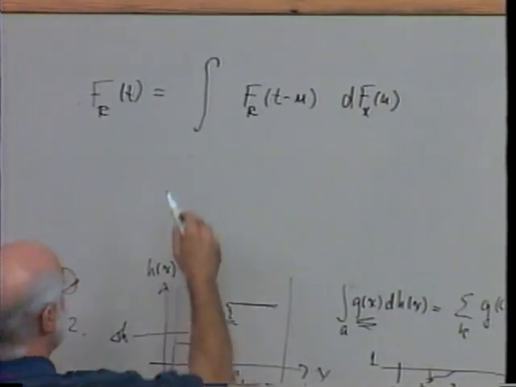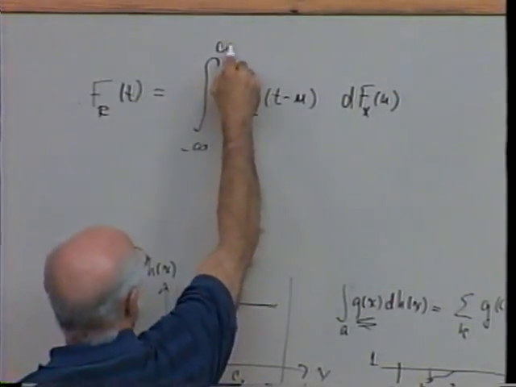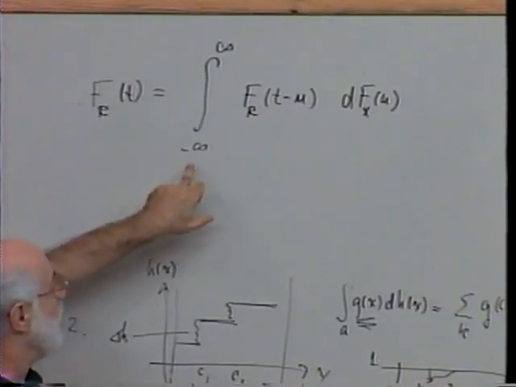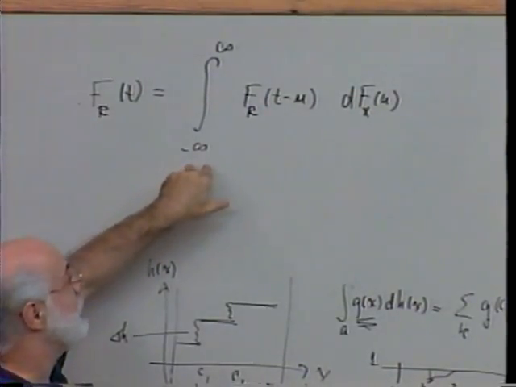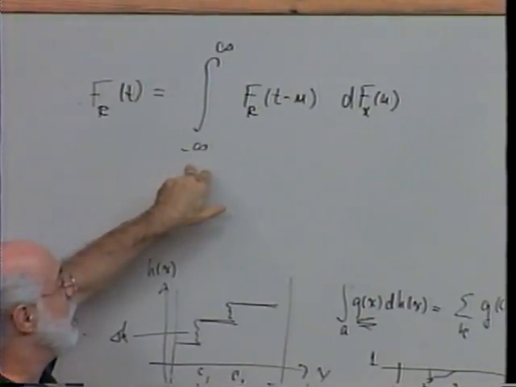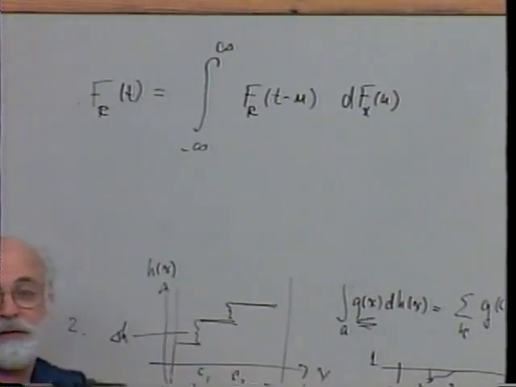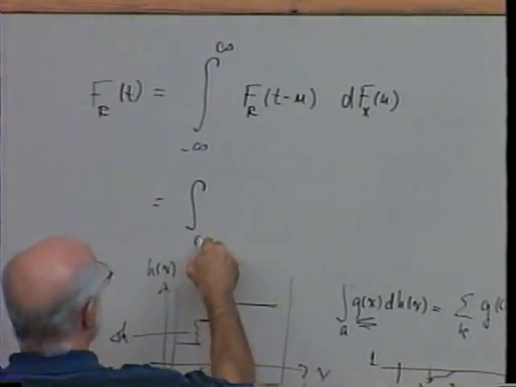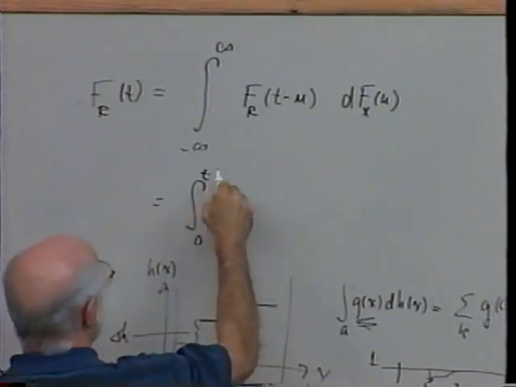In principle, it's between minus and plus infinity, except that when u is negative or greater than t, then some of the functions involved are 0. So that was the same thing as the integral from 0 to t.